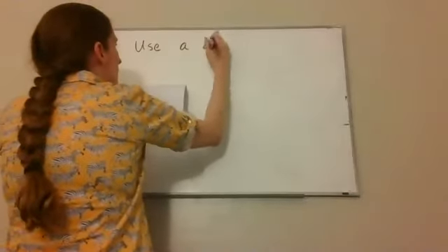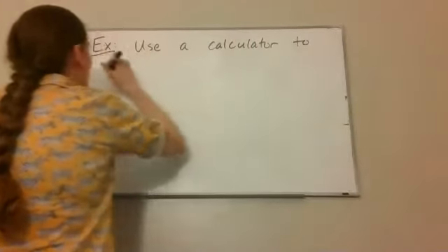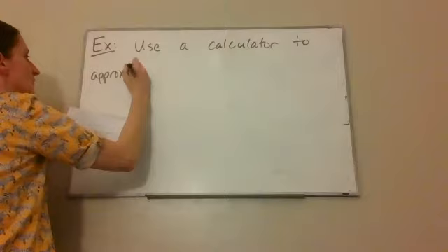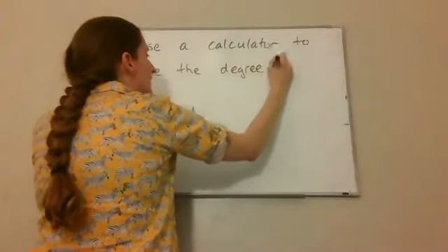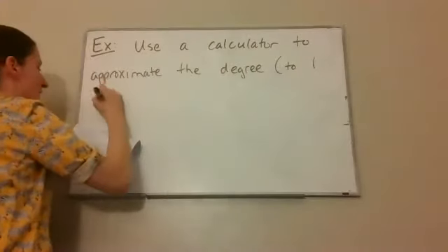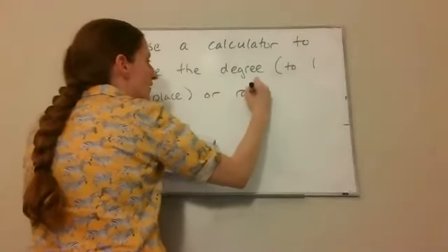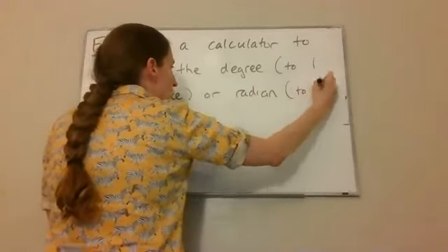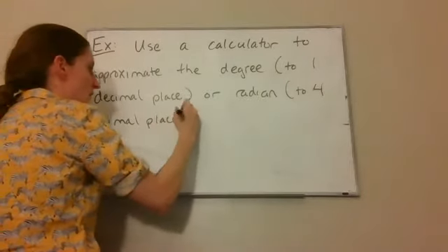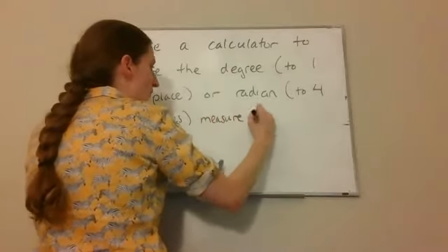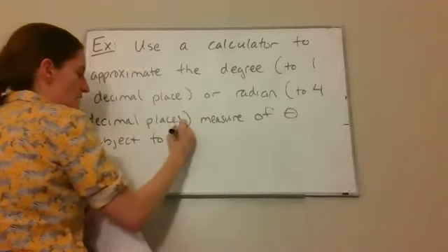So let's use a calculator to approximate the degree to 1 decimal place, or radian to 4 decimal places, measure of theta, subject to the conditions.